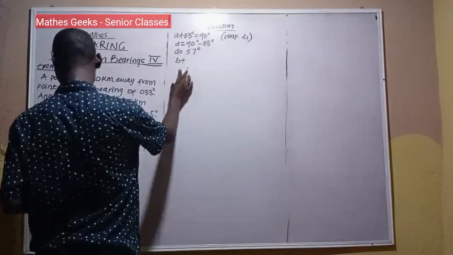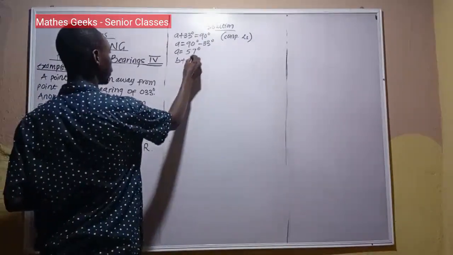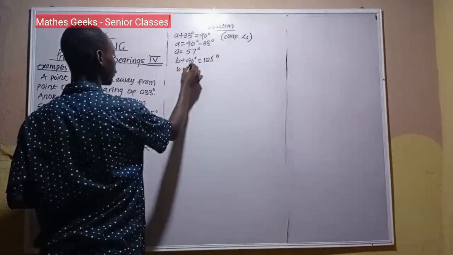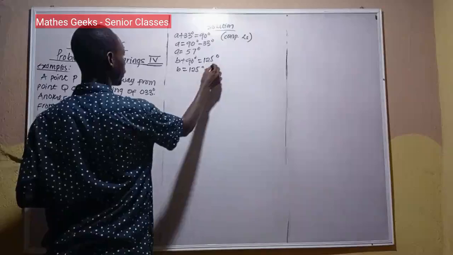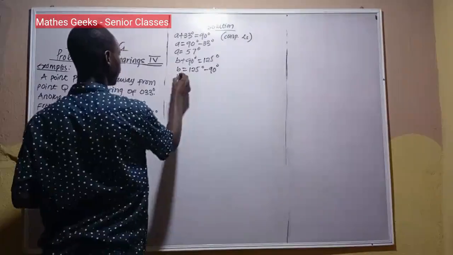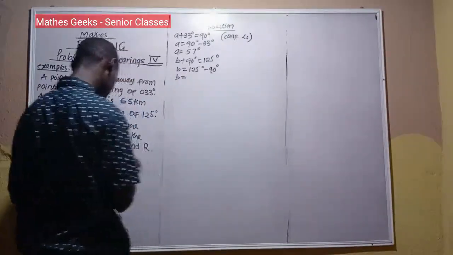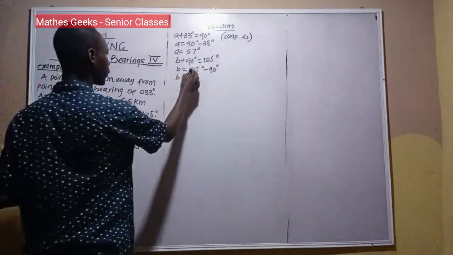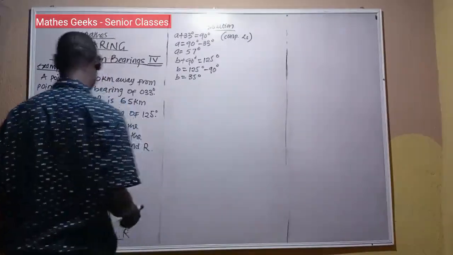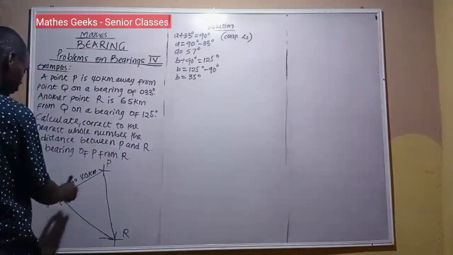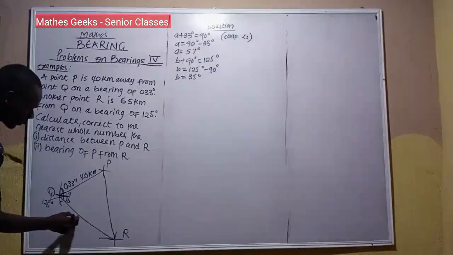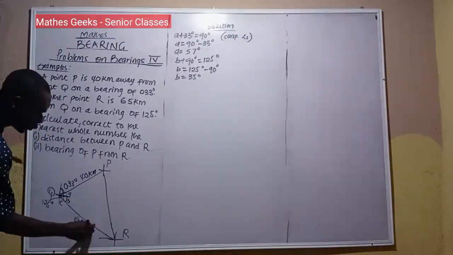So B is equal to 125 degrees minus 90 degrees. B is 35 degrees.